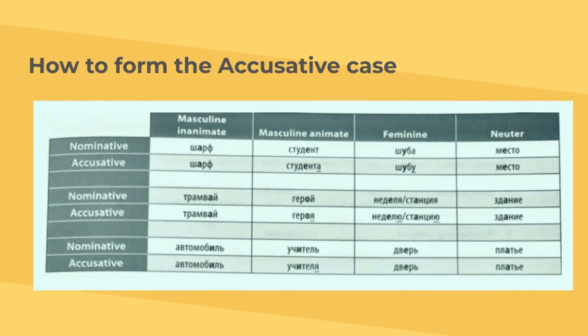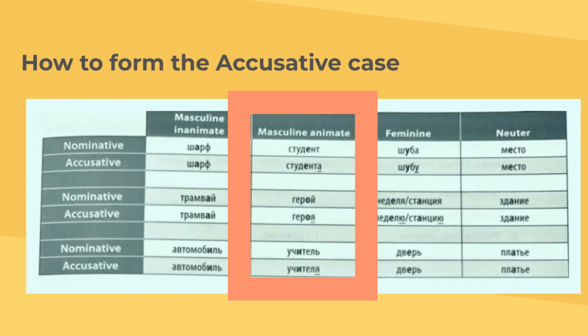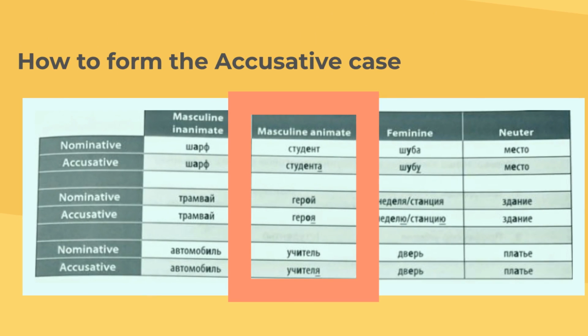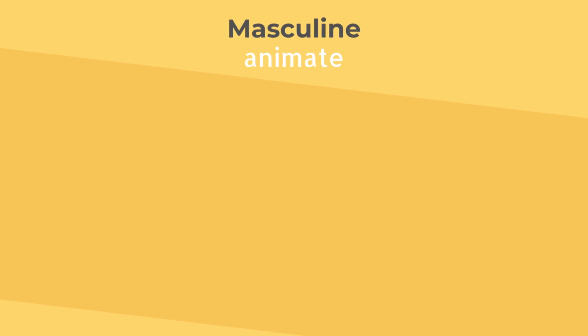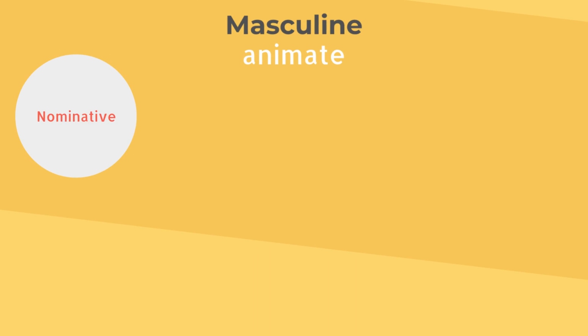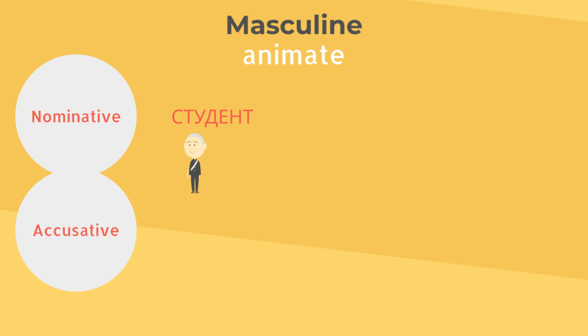Now let's look at masculine animate nouns. Masculine animate nouns have the same endings as in the genitive case. Let's take a look. Студент, студента.